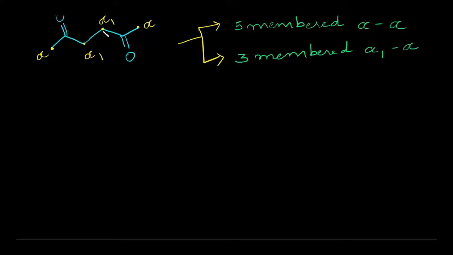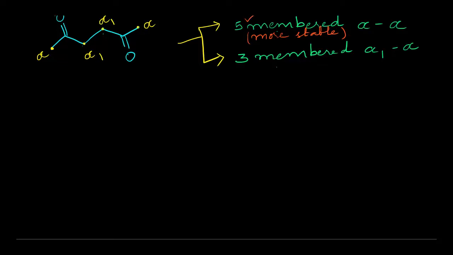If you consider this one as your carbanion, then the ring formed will be a 5 membered ring. As a 5 membered ring is more stable, formation of a compound with a 5 membered ring is preferable.